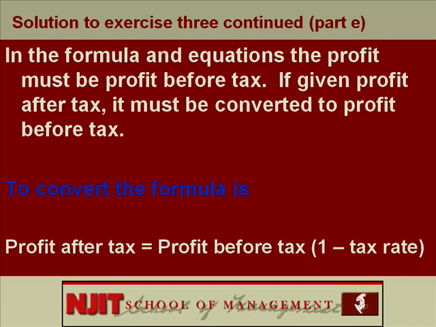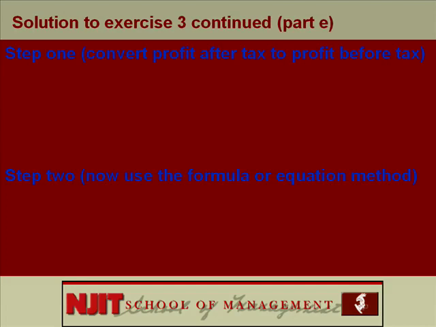So let's do it for the Lenski Corporation. There's two steps. Step 1, convert profit after tax to profit before tax. Step 2, now you use the formula or equation method and figure out what they're asking. So step 1, the profit after tax was 350. You can't use 350 because it's after tax.